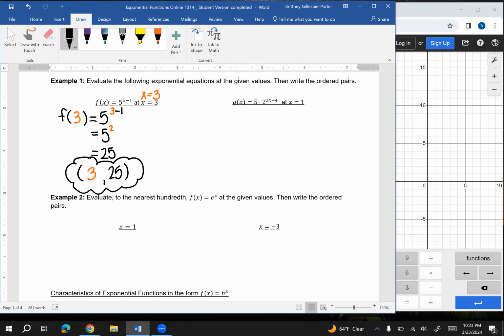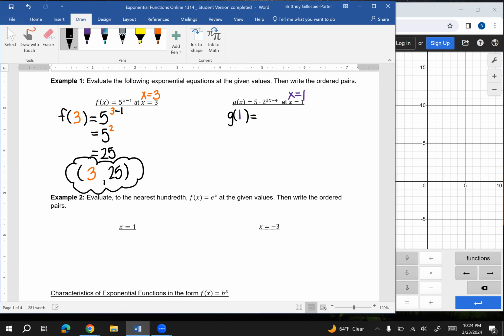In our next example, we have 5 times 2 to the 3x minus 4. Again, this is an exponential function because our variable is being held hostage in the exponent. We are going to plug in a 1 wherever we see an x.